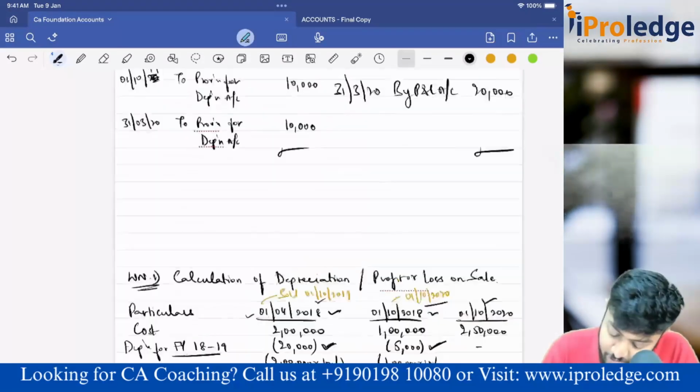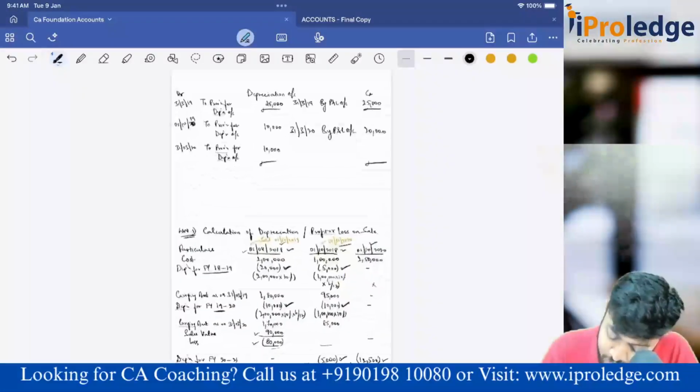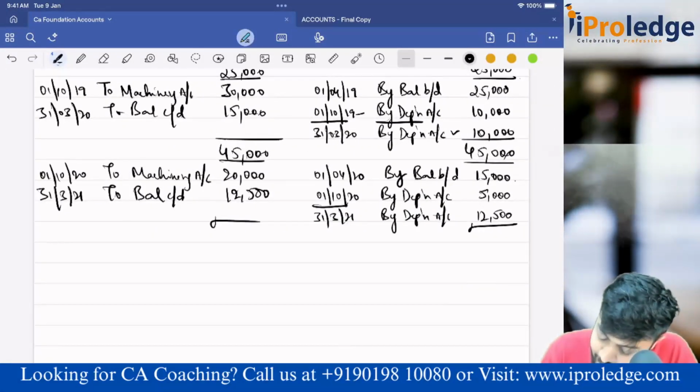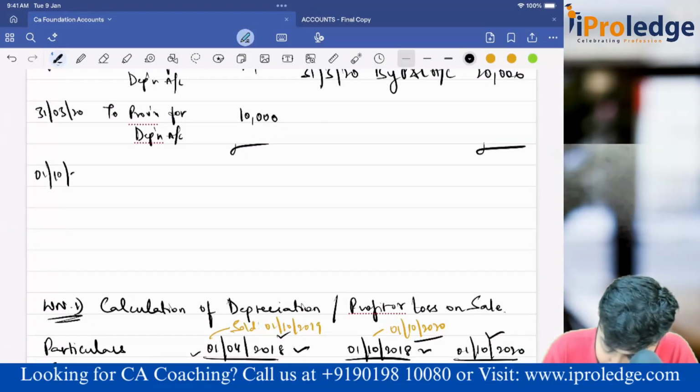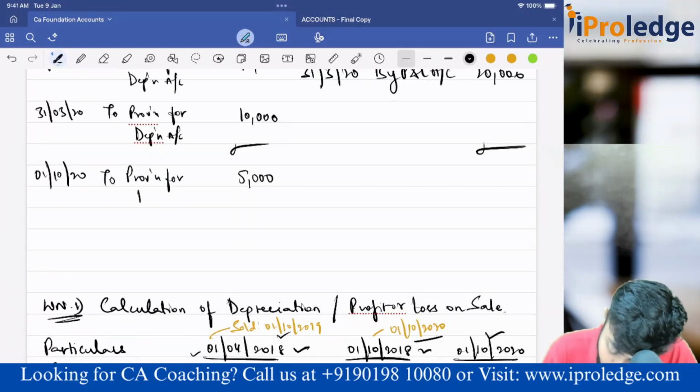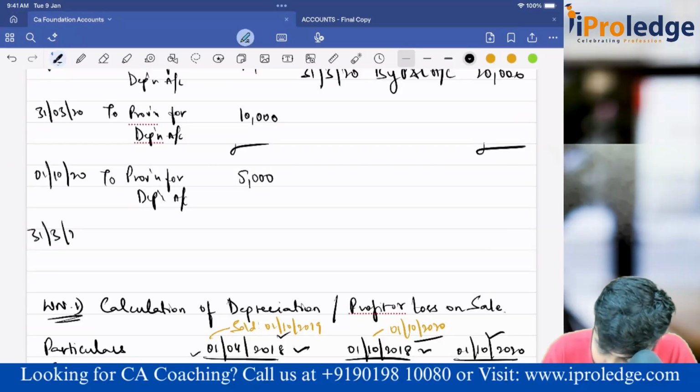Third year depreciation you have to post here. How much depreciation have I given in the third year? On 1/10/20, 5,000. On 31/3/21, 12,500.